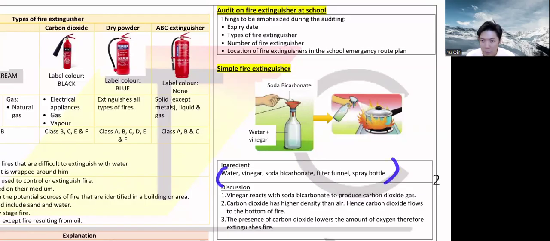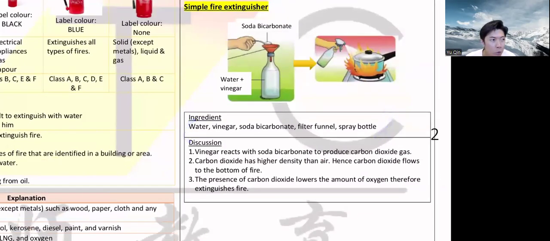So the main point here is to produce CO2. To produce CO2, you need to have vinegar, you need to have acid and carbonate stuff. Soda bicarbonate, vinegar and carbonate stuff. Then that will produce CO2. CO2 can extinguish fire. Okay, so let's try.